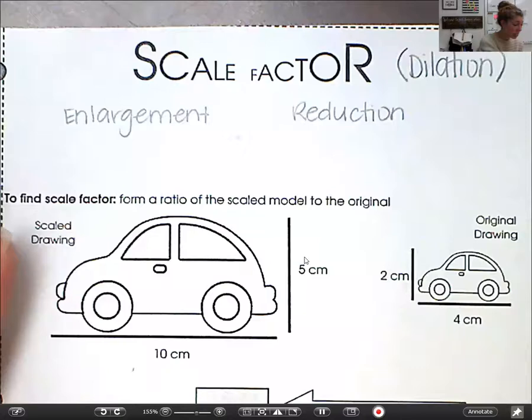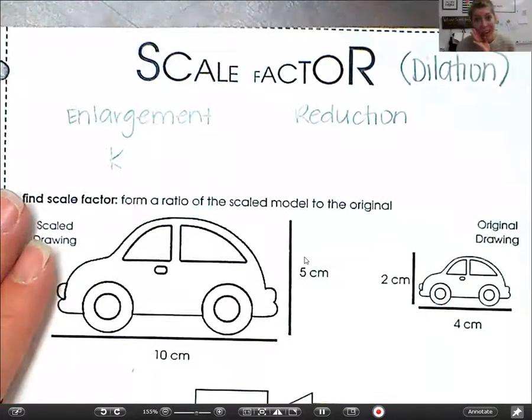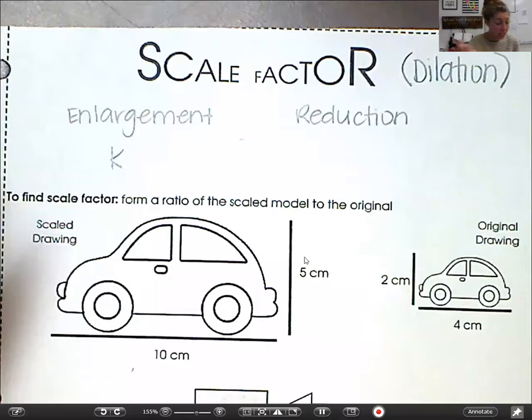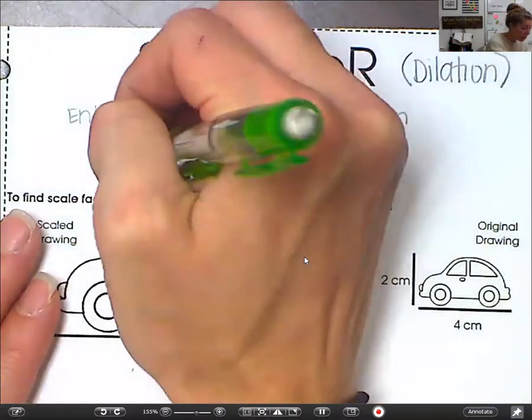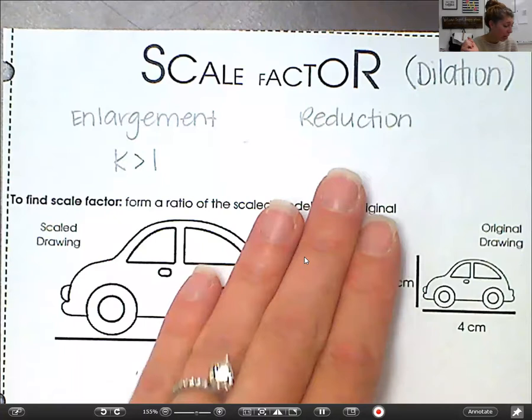Remember, an enlargement is where the scale factor, which is also referred to as K sometimes, don't shoot the messenger, is greater than 1. It has to get bigger, whether it's 2 times as big, 1,000 times larger, or even 1.001, where it's technically a small enlargement. Sounds funny, doesn't it?